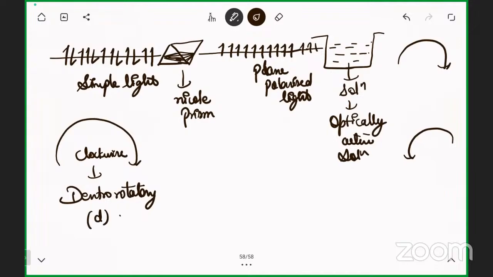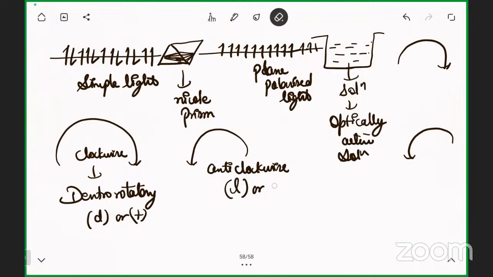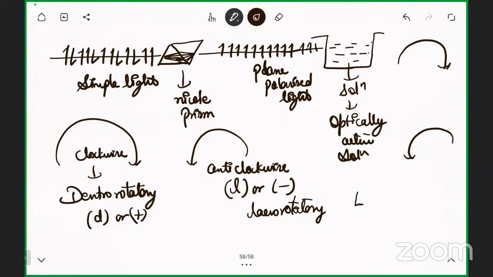It is denoted by D form or plus rotation, positive rotation. If it rotates anti-clockwise, it is known as L form or minus form, a negative rotation. Clockwise is dextro, anti-clockwise is known as levorotatory. You can remember like L for levo and L for left. If left side rotation or anti-clockwise rotation, it means levorotatory. Then just do the opposite.